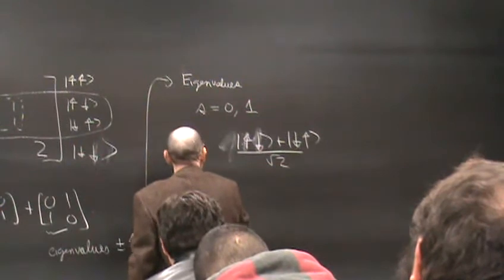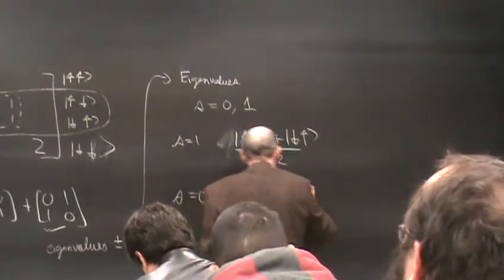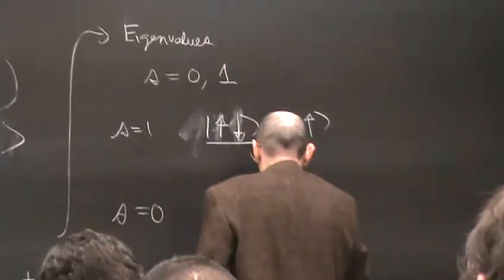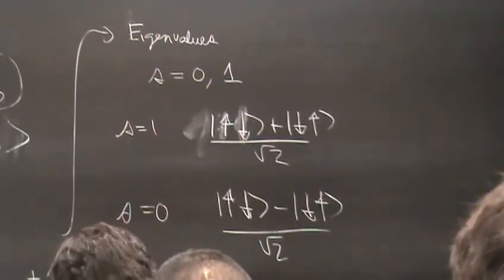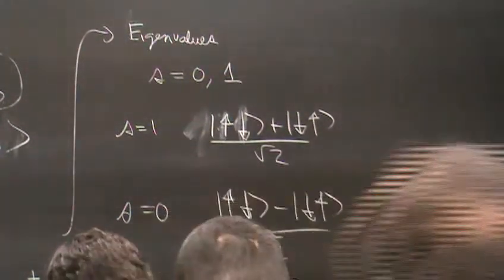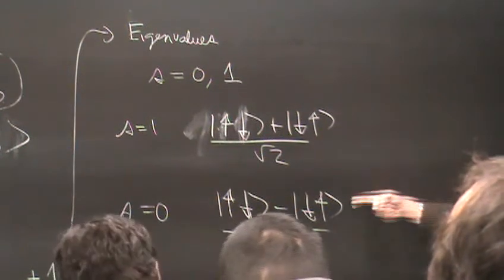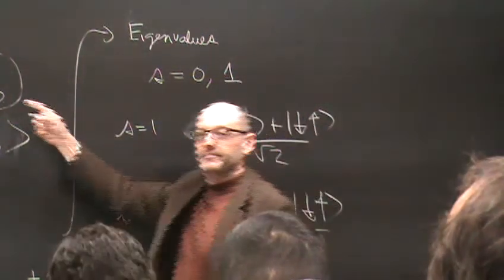And S equals 0, it's the anti-symmetric combination. If you want, you can write the characteristic polynomial and diagonalize it, but for 2 by 2s, you can just look at it. So those are the 2 eigenvectors of this matrix.